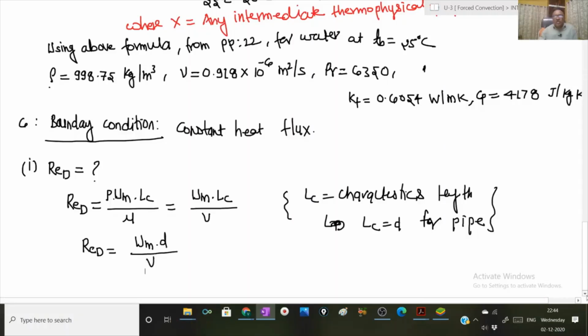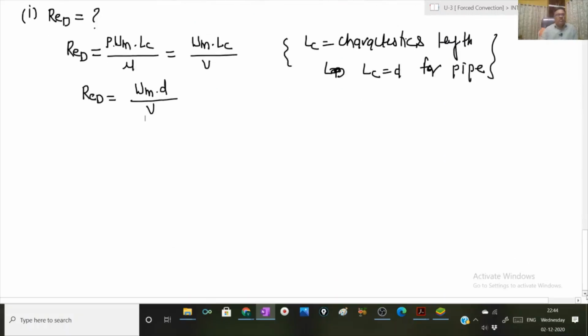To calculate the value of Reynolds number, we have been given the value of nu as thermophysical properties. Diameter is also given. However, mean velocity of water is not given. Rather, mass flow rate m dot is given.